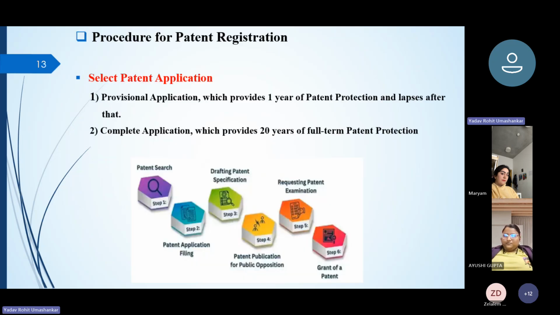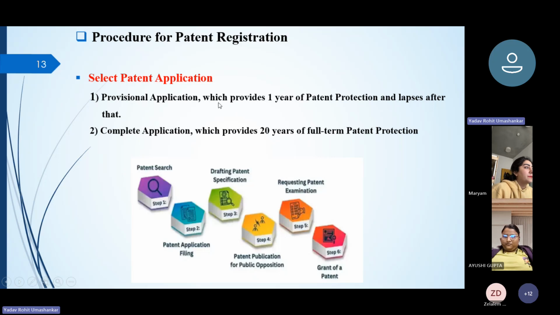Now comes the procedure for patent registration. Once you have the idea, you do the research and analysis of that idea, and now you know that this can be patented. So how will you proceed to file the patent application? The first point here is the provisional application.